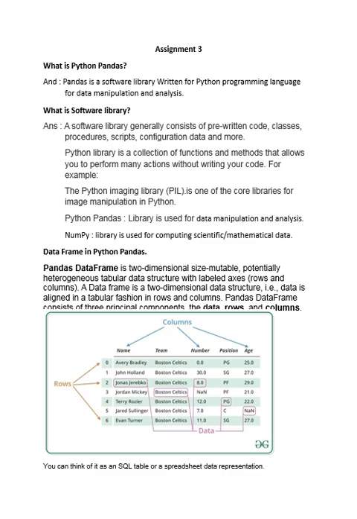So a Pandas data frame is a two-dimensional size-mutable, potentially heterogeneous tabular data structure with labeled axes, that are rows and columns. A data frame is a two-dimensional data structure, that is, data aligned in tabular fashion in rows and columns.